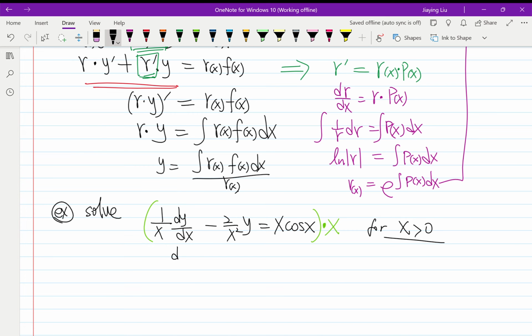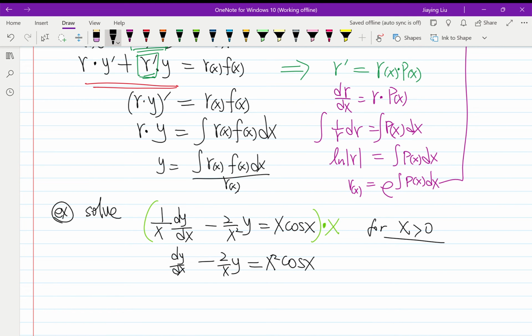That just gives us dy/dx, minus 2 over x squared y times x, that's going to be 2 over x y. The other side we have x cosine x times x, that's x squared cosine x.